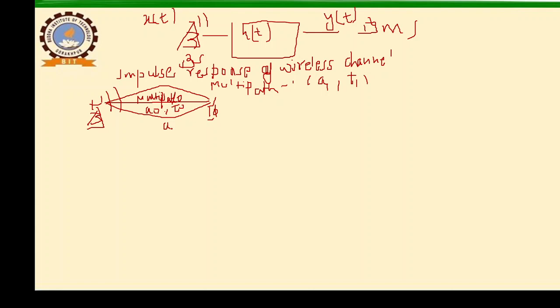This is multipath 2, A2, tau 2, and all the multipath components till the last multipath at L minus 1.